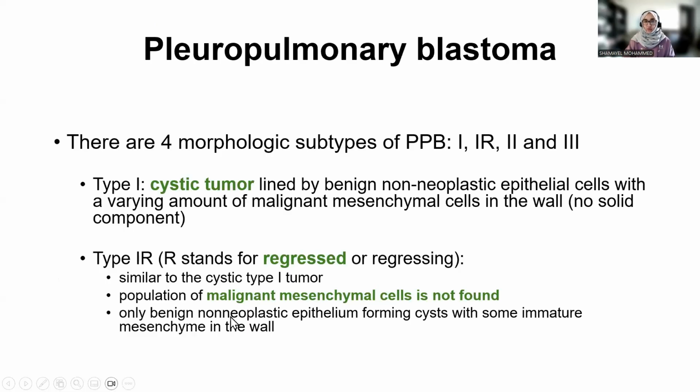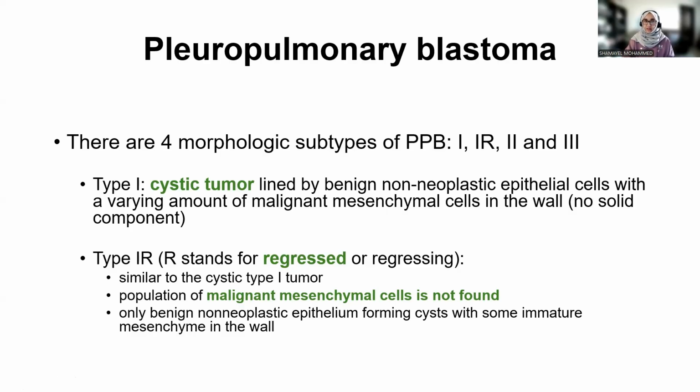They can be divided into 4 subtypes. Type 1 is predominantly cystic, and you'll have the atypical cells lining the epithelia, just like our example. Another subtype is type 1R. R stands for regressed. During DICER1 screening, multiple familial cases were identified, and relatives of patients with pleuropulmonary blastomas were found to have cysts but never developed sarcomas.